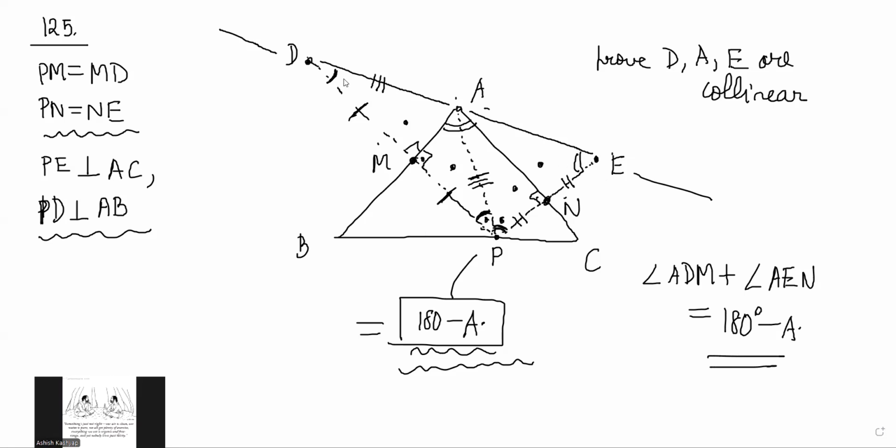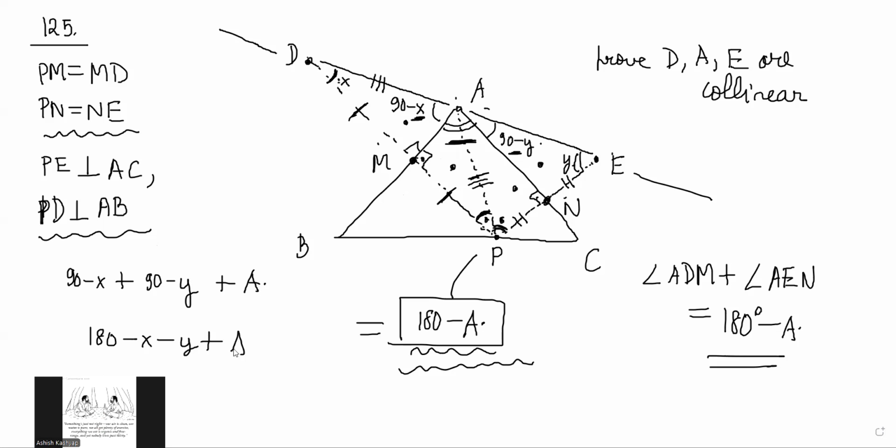So if I call this X, for example, and this Y, if this is X, this is 90 minus X. And if this is Y, this is 90 minus Y, right? Now I have to just add 90 minus X plus 90 minus Y plus A. I'm getting 180 minus X minus Y plus A. That is the sum of all the angles here.